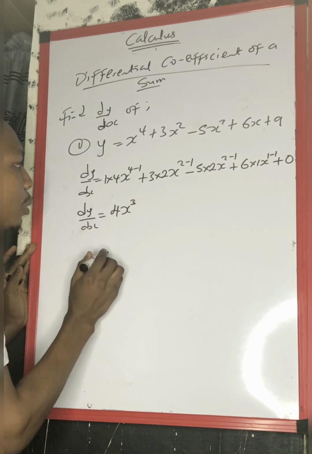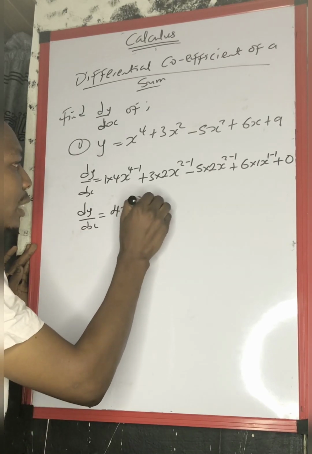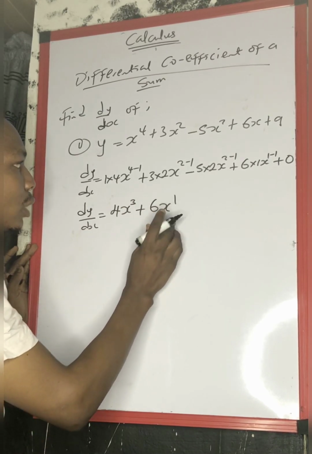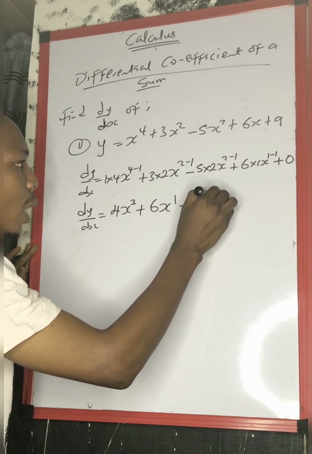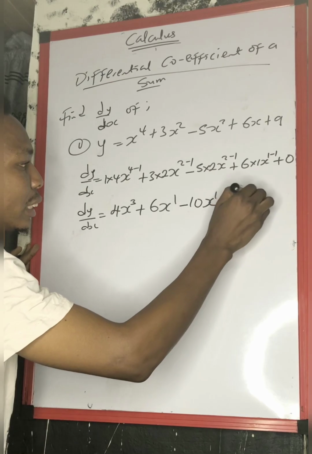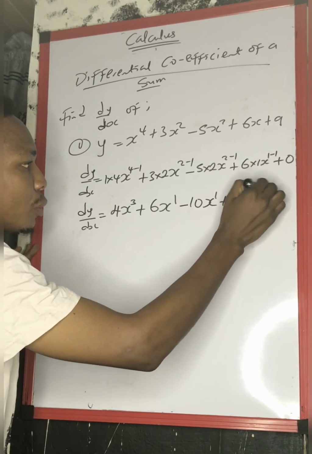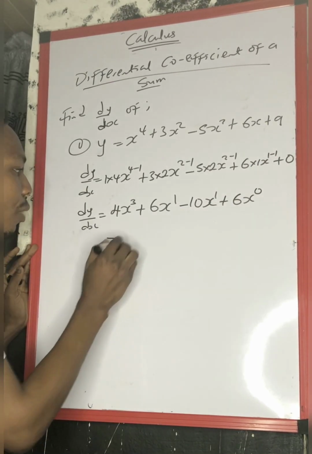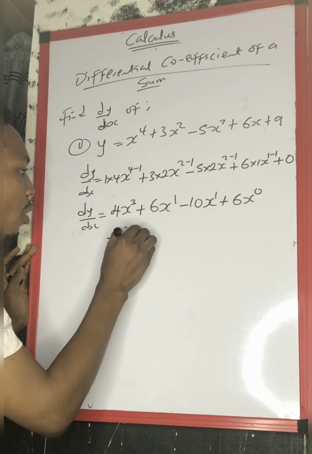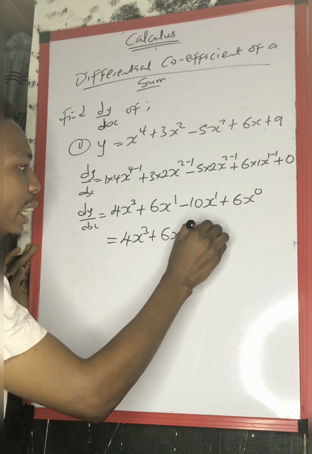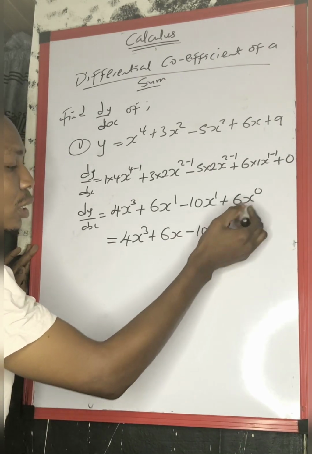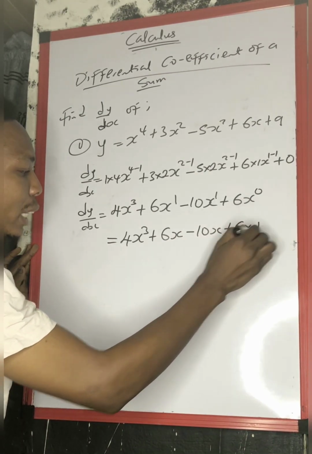4x cubed, then plus 6x, since 2 minus 1 is 1, minus 10x, then plus 6x^(1 minus 1) gives you 0. So the final answer becomes 4x cubed plus 6x minus 10x, then plus 6 times 1.